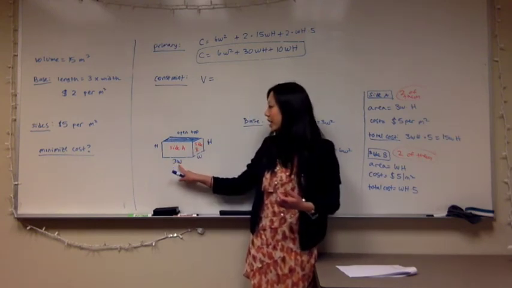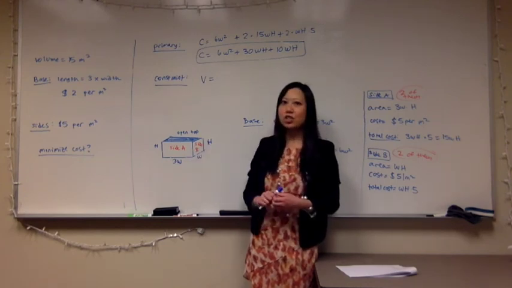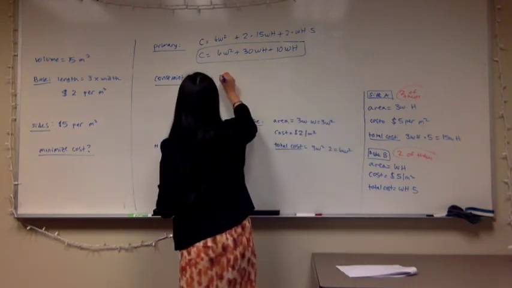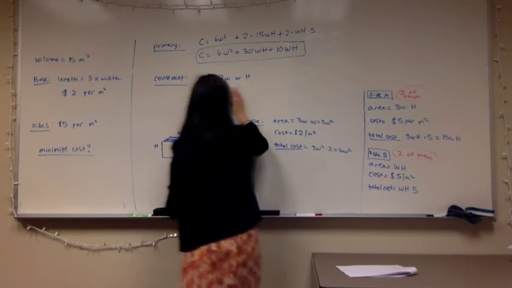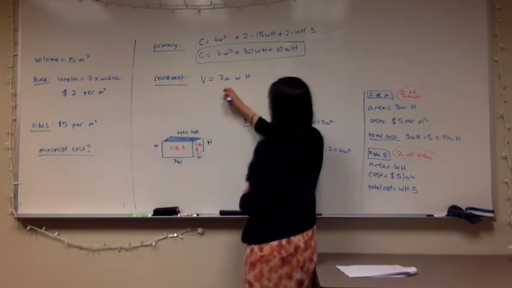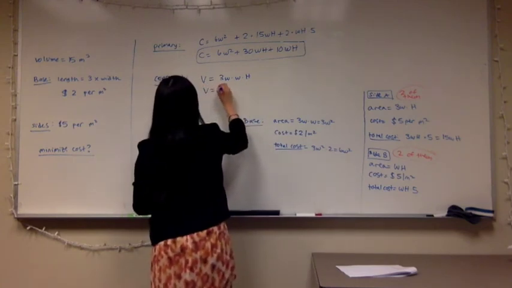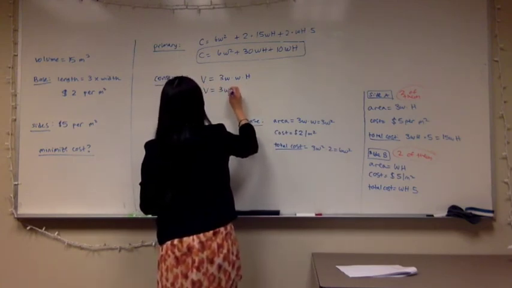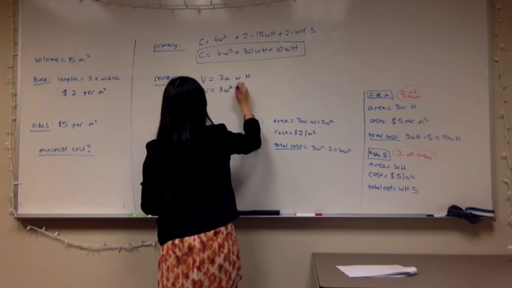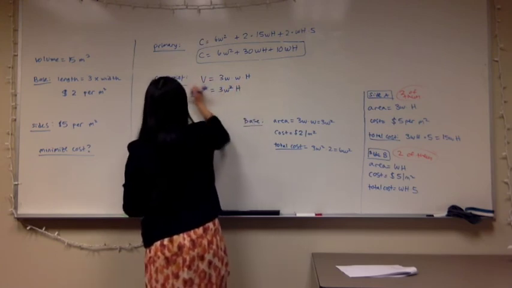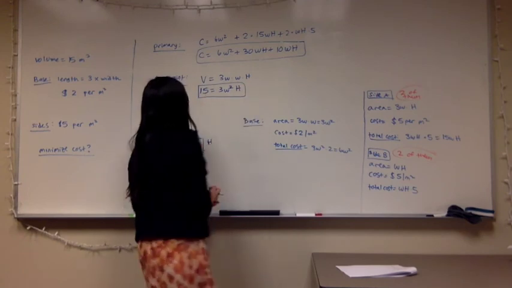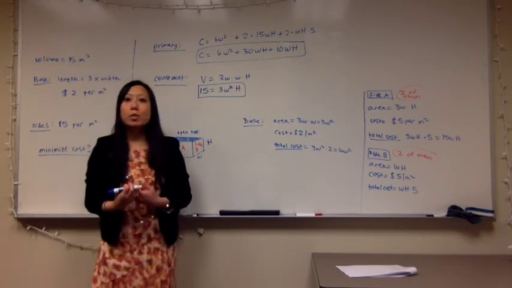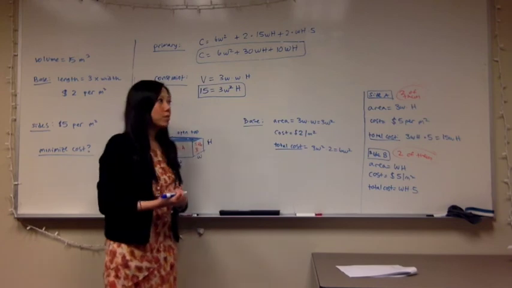It's 3W times W times H, because instead of length times width times height, the L is being replaced by 3W. So the constraint is V equals 3W squared times H, but I replace that V by the volume, which is 15.